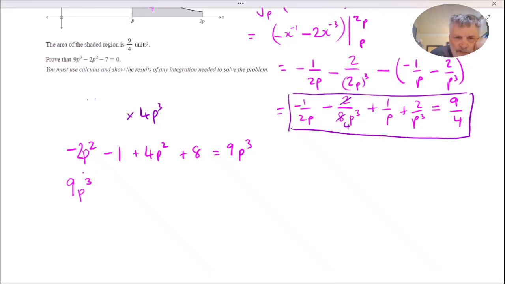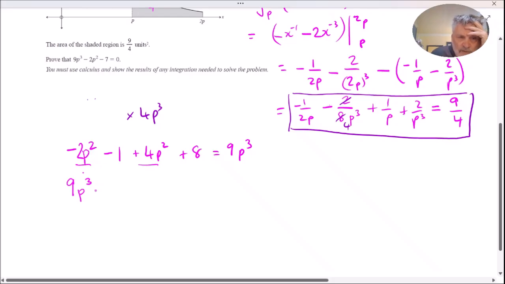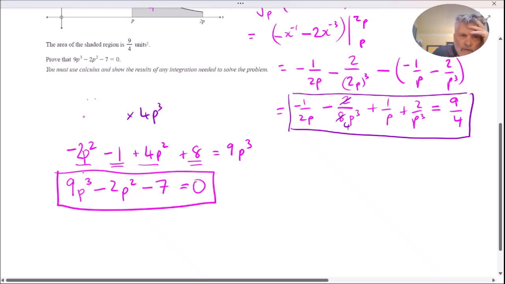So I've got minus 2p squared plus 4p squared. That's going to be 2p squared, but remember I'm shifting to the other side, so that becomes minus 2p squared. Here we've got 8 minus 1 is 7. Shift, it's going to become minus 7 equal to 0, and that's precisely what was required in the question. So we're done.